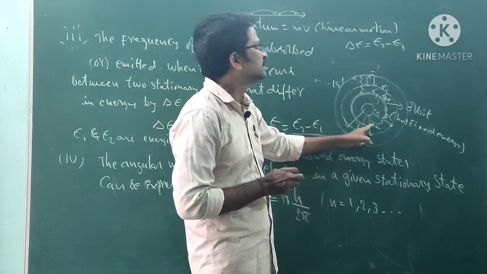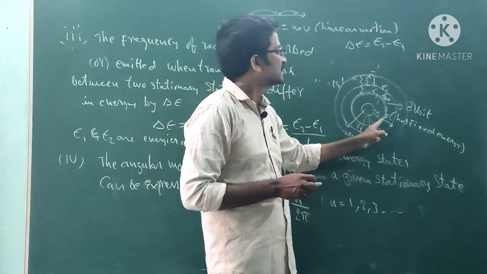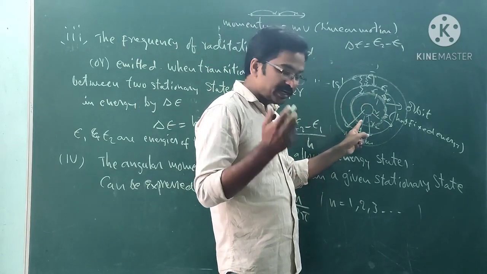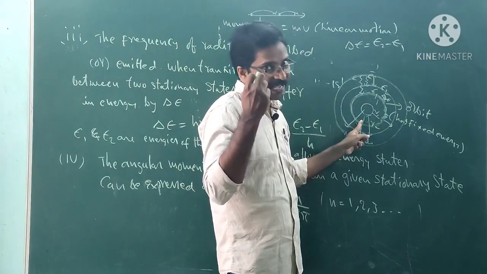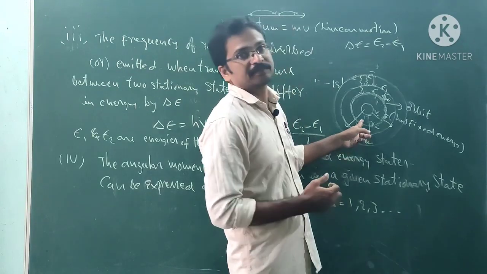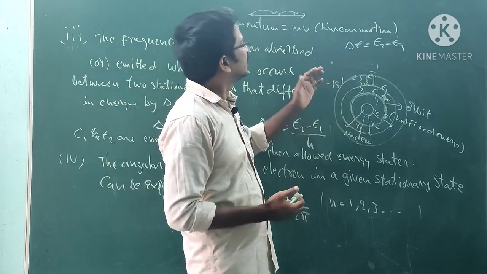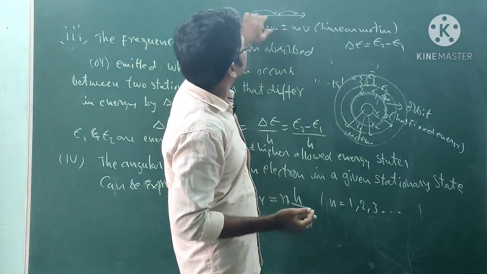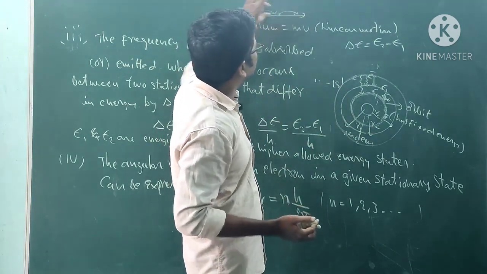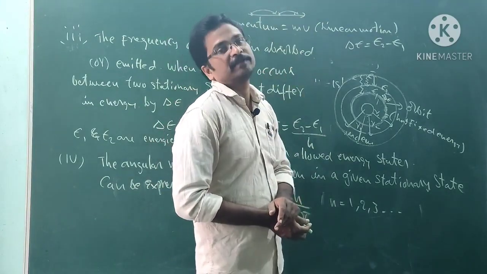Any body which moves in a circular path has momentum and radius. This is known as angular momentum, mvr. If an object moves in linear motion, it contains momentum only.